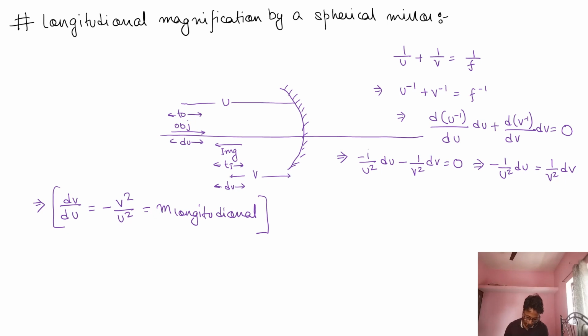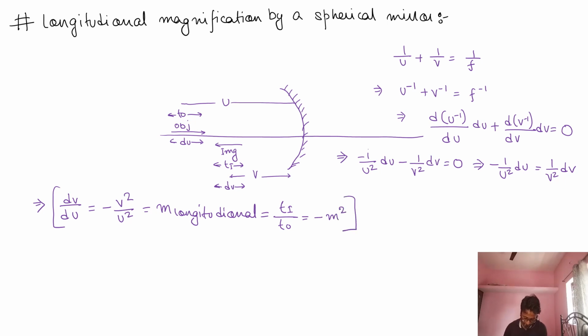So longitudinal magnification dv by du is equal to minus v square by u square, which is also equal to the thickness of the image divided by the thickness of the object, which is equal to minus m square, or lateral magnification square.